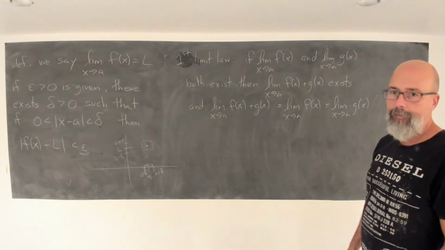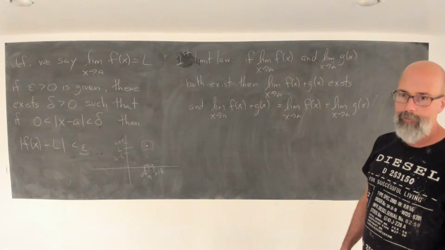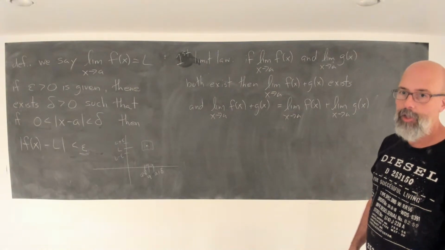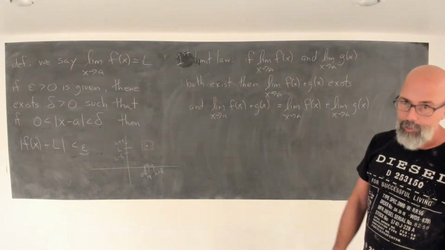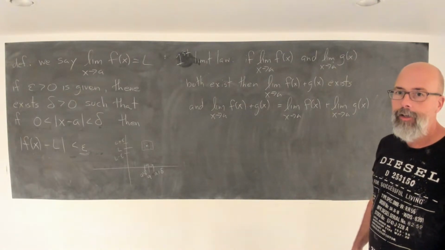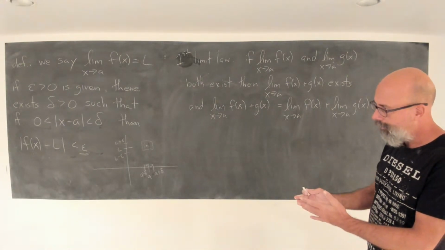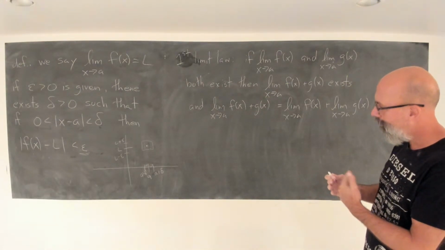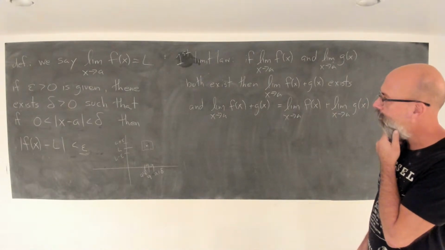Asha is asking if a delta value cannot be found for a given epsilon value, does that mean the limit doesn't exist? It depends what you mean by cannot be found. Just because you cannot find it doesn't mean it cannot absolutely be found, right?